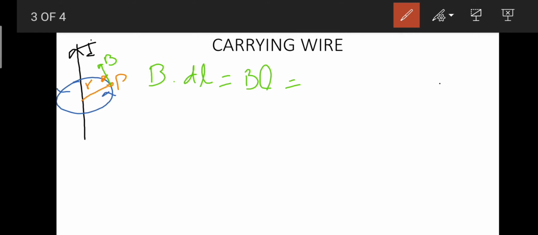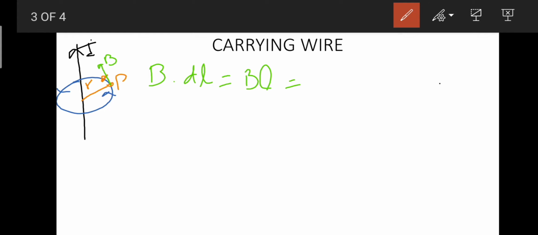How can I write dL as L? Since dL is the one current element, I'm not going to discuss the integration method; I'm going to discuss it with the general formula. dL is basically the smallest length element.